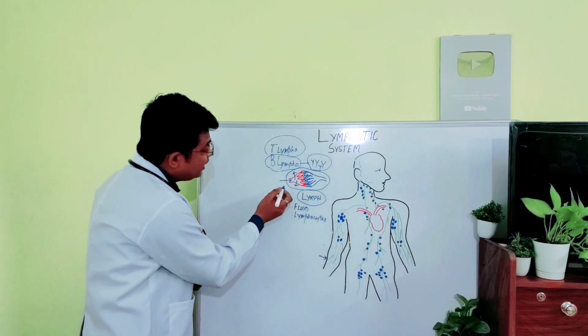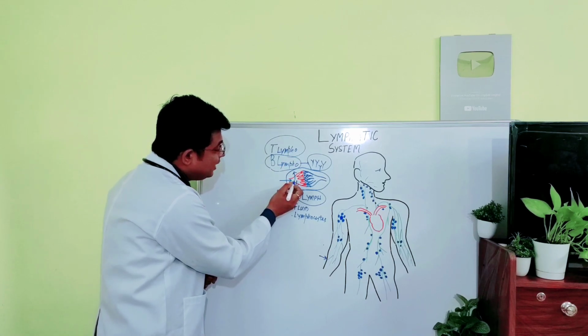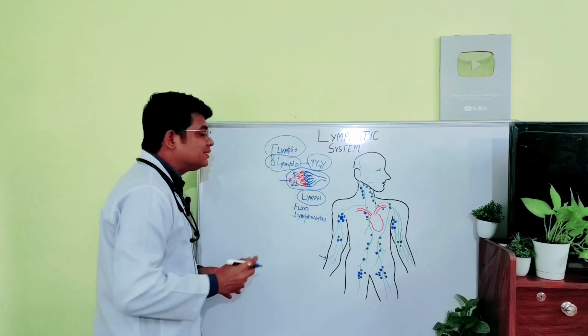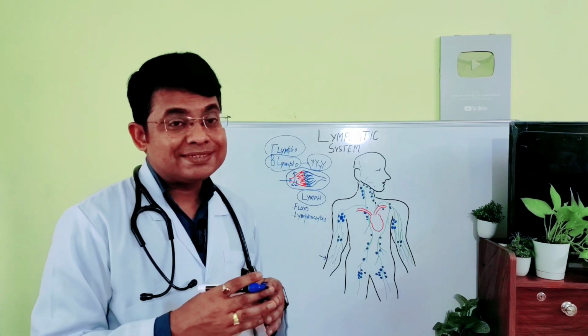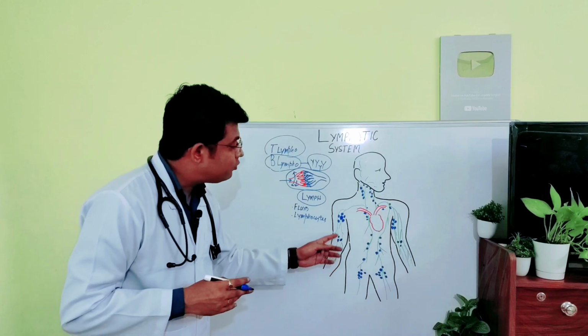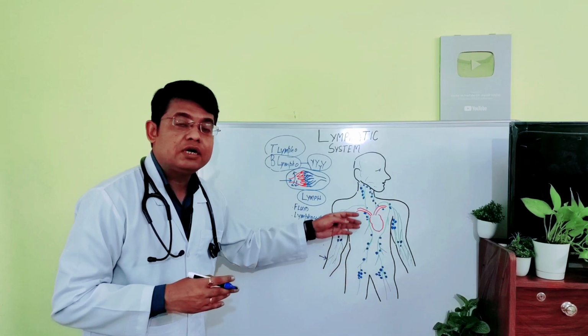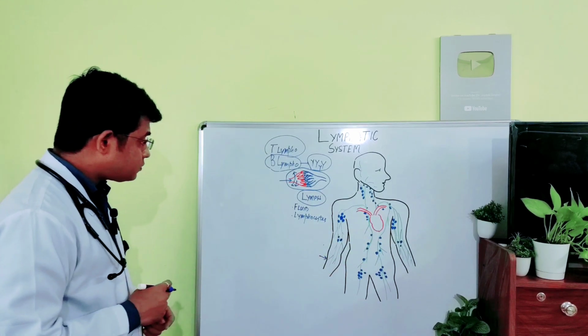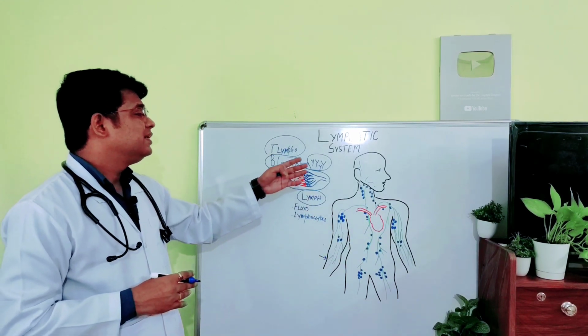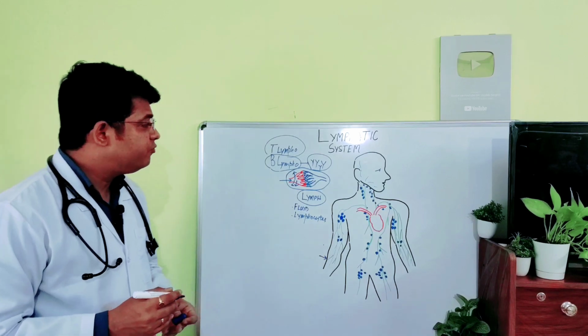So the fluid that initially leaks out of the capillaries and resides within the extravascular spaces is returned to the vascular system with the help of the lymphatic system. So this is the circulation of the lymphatic system.